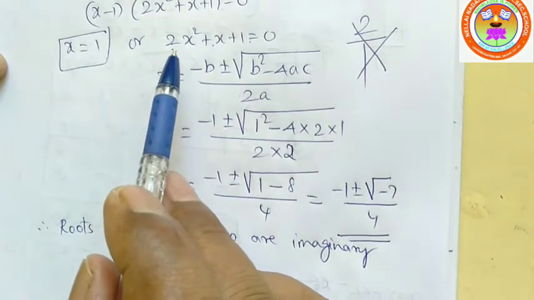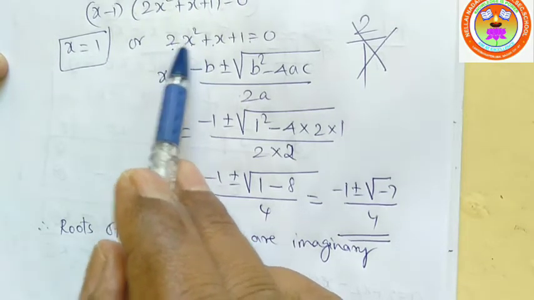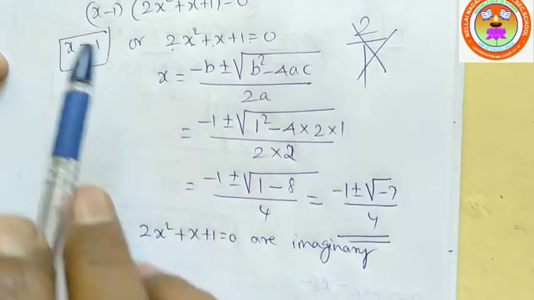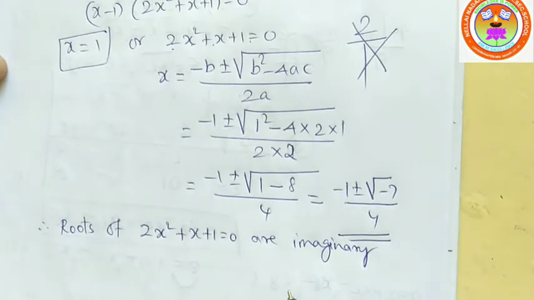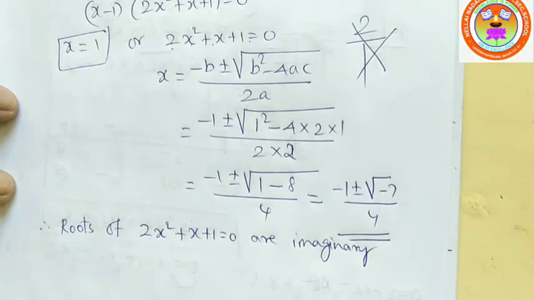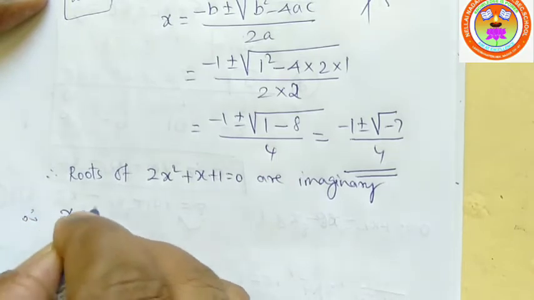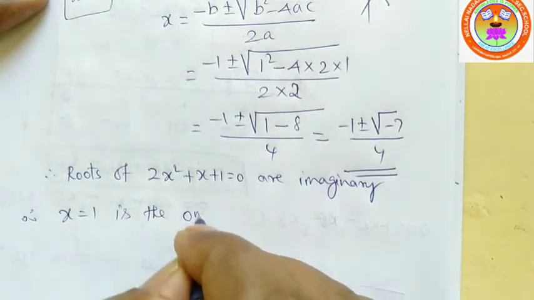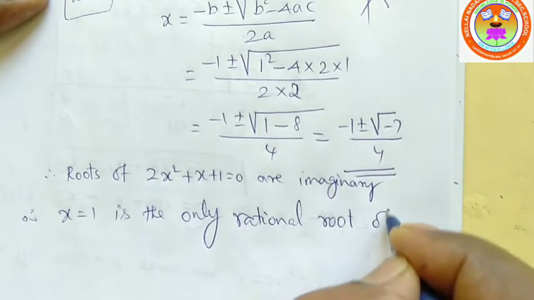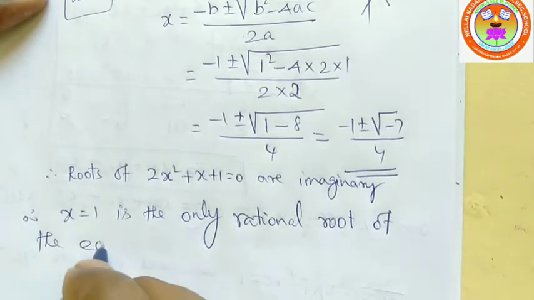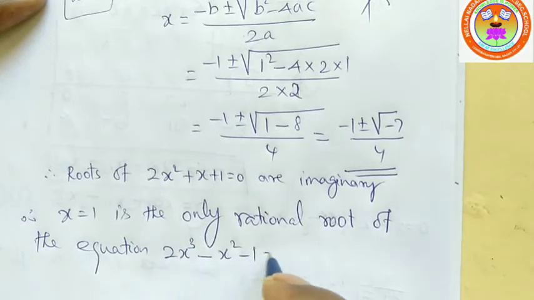The degree of the other factor is 2, so it has 2 roots. So 1 plus 2, 3. One root is rational, the other two are imaginary. That means this equation has only one rational root. Therefore, x equal to 1 is the only rational root of the equation 2x cube minus x square minus 1 equal to 0.